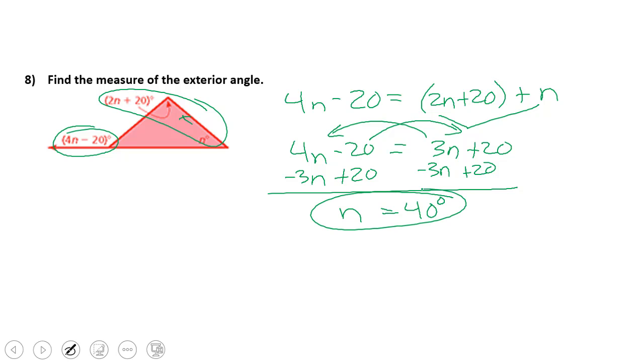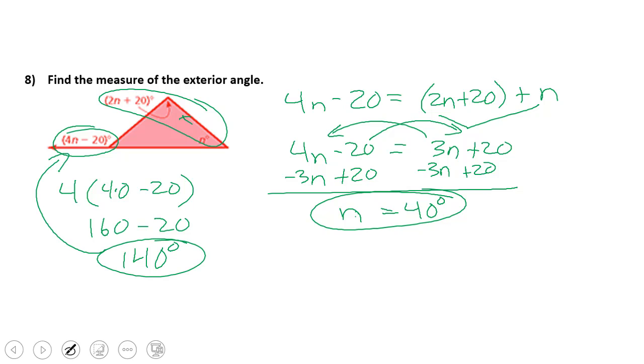Now again, as I pointed out in the previous example, that is not the final answer. n is 40, but that exterior angle is 4 times 40 minus 20. So 4 times 40 is 160, minus 20 is 140 degrees. So that exterior angle is 140 degrees.